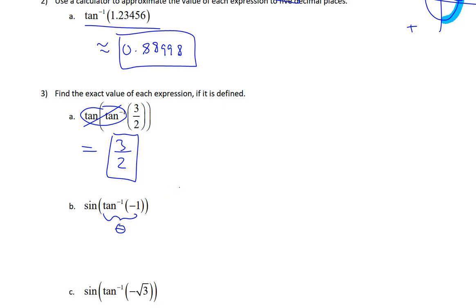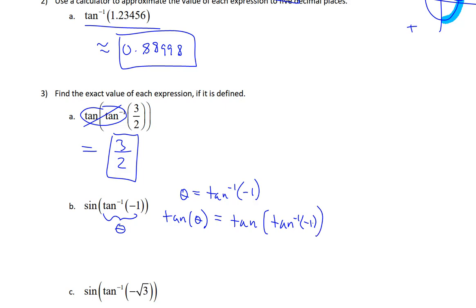So let me write this over on the side where I have more space. I'm going to say this: theta equals tangent inverse of -1. Now, why would I do that? Because now it's easy to see the algebra. I'm going to take the tangent of both sides of my equation. So I have tangent of theta on the left side equals tangent of the right side, which was tangent inverse of -1.